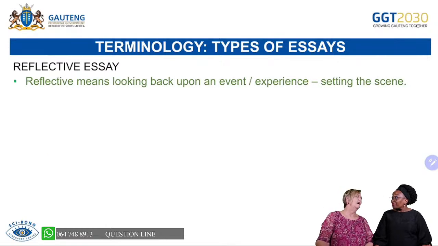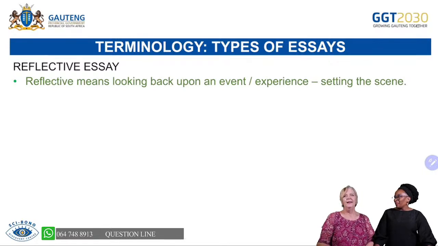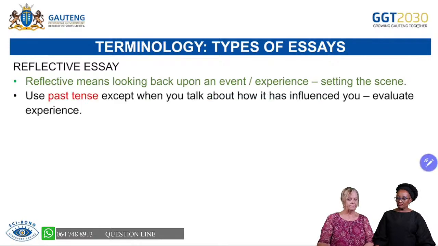Let's have a look at the reflective essay. I love a reflective essay. I love thinking about my life, and I love to think about things that shaped the person who I have become. That would be a reflective essay. It means to look back upon an event or an experience, thus setting the scene.